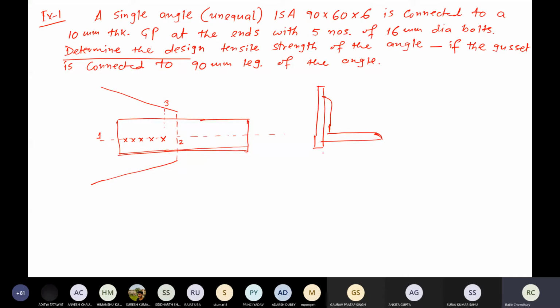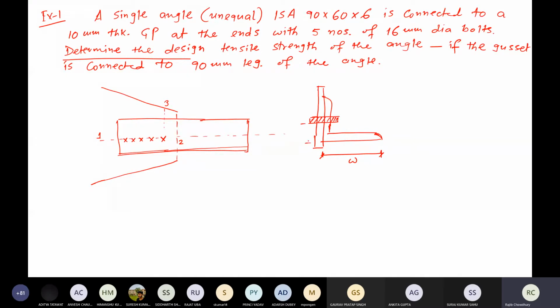So this would be one of the leg widths, and where it has been connected, here it has been connected.